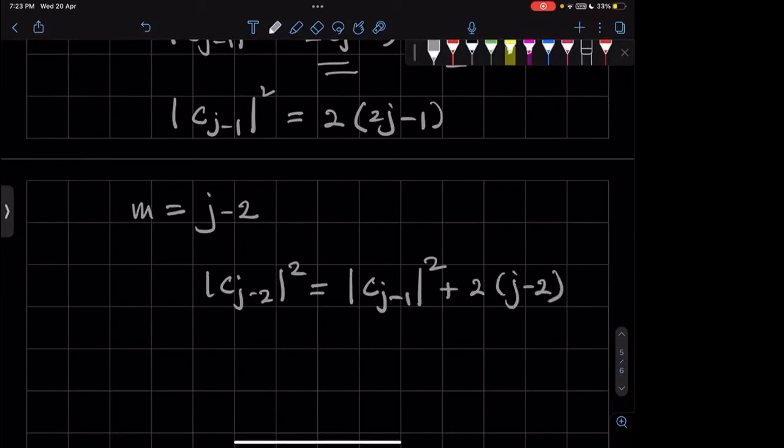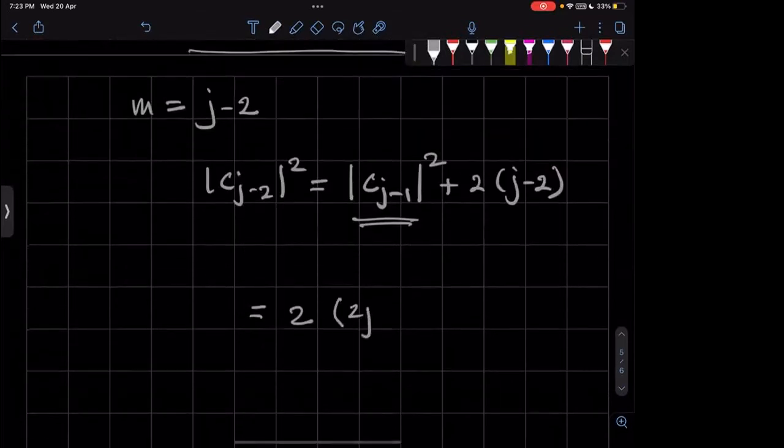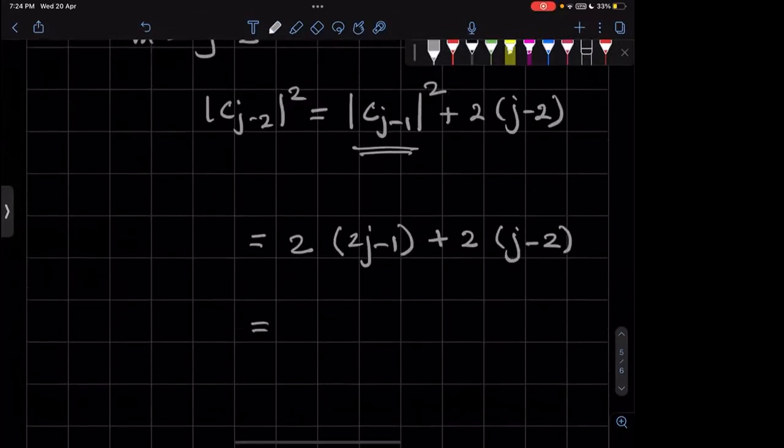And then using the value that we have just found out, we can write this as 2 times 2j minus 1 plus 2j minus 2. And then we see that we have another term with 2j. So we can write 3j here. And what we have here is minus 1, and there was minus 2 coming from previously. So we write it suggestively like that, right? We could have added these 2 things, but we are looking for a pattern.